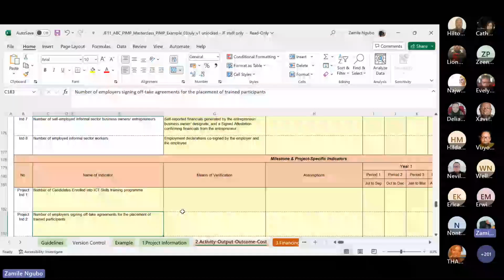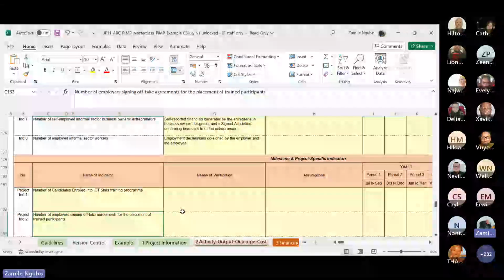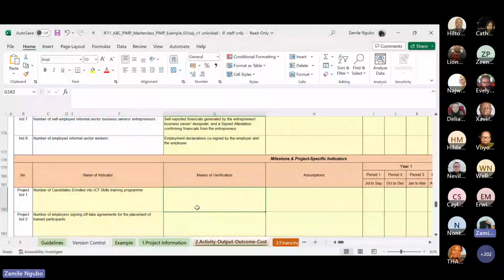So I will just go straight to the project-specific indicators and complete the assumptions. I will start with the means of verification, the assumptions, and targeting, as per the example that was shared with the delegates. So the first project-specific indicator will be the number of candidates enrolled into the program.